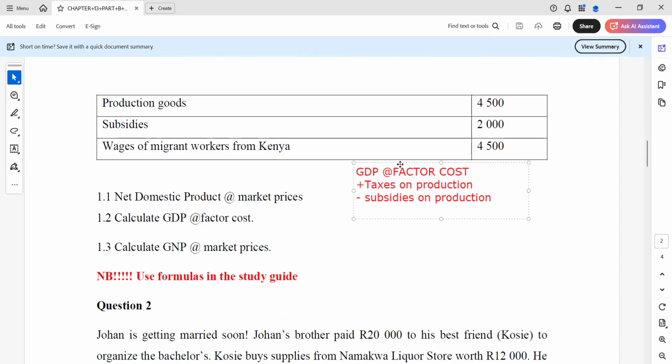Why do we add taxes on production and subtract subsidies on production? Remember, I said this is the production of goods and services still in the factory, because it's factor cost.